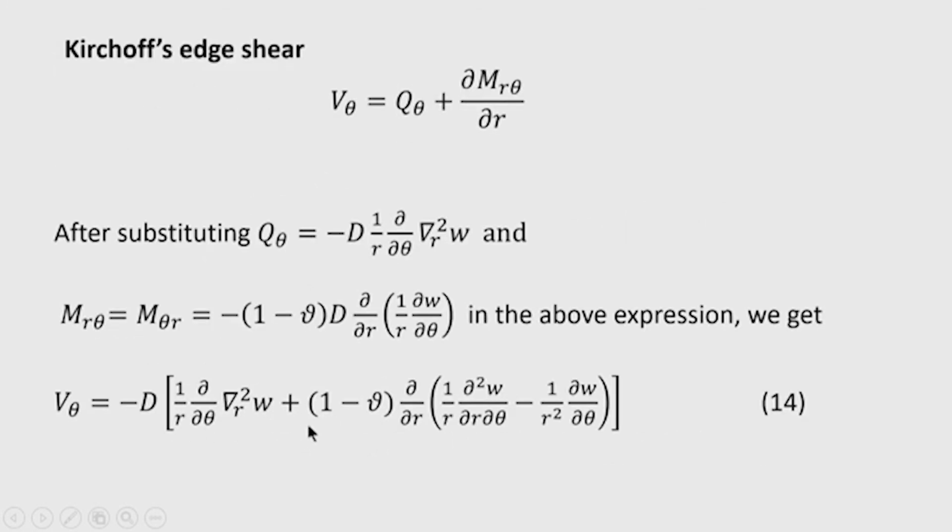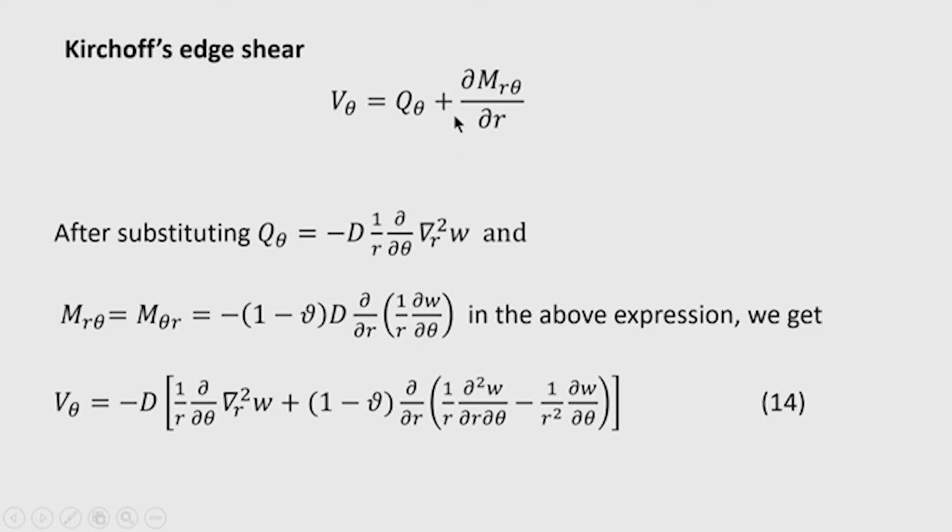Similarly, the other equivalent shear, that is V theta, can be written as Q theta plus del M r theta by del r, after substituting Q theta as minus D 1 upon r del by del theta of the Laplacian of W, and M r theta equal to M theta r equal to minus (1 minus mu) into D del by del r of 1 by r del W by del theta in the above expression.